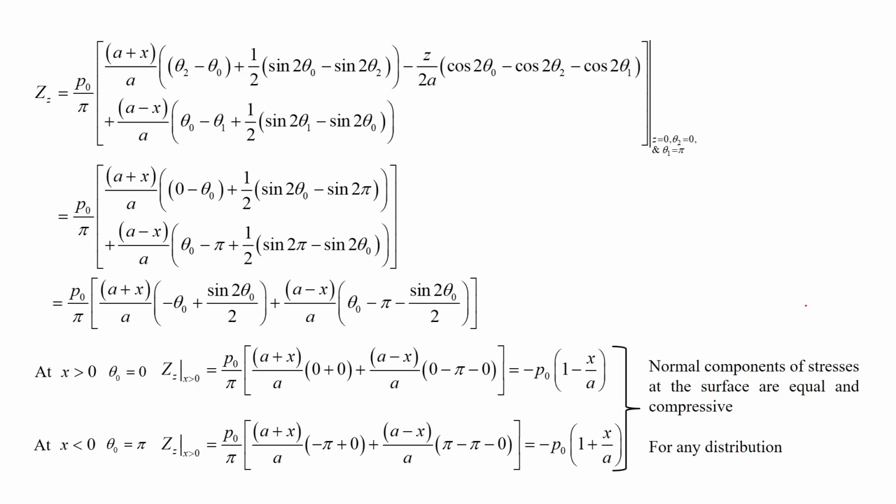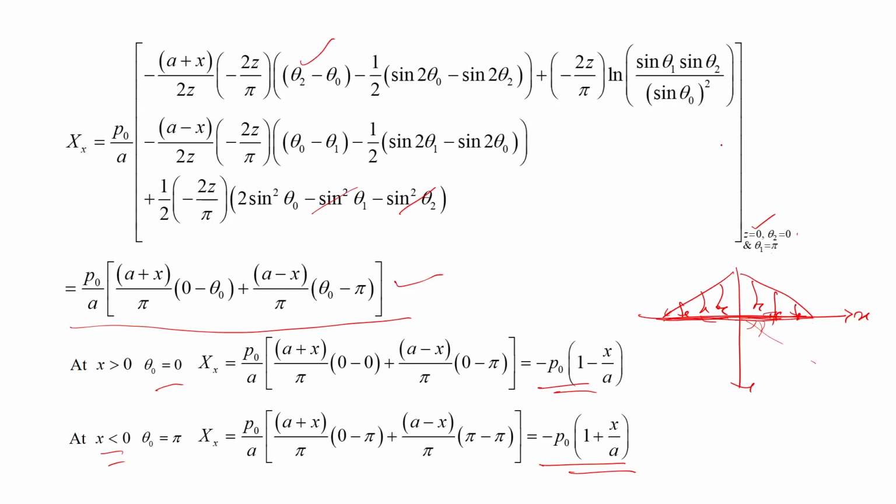And if we think about the normal stress sigma z z, again the same way at z is equal to 0, we want to find out what the sigma z z quantity will be, that is the z direction normal stress. If we work out the whole thing, same thing: at x greater than 0 theta 0 is equal to 0, at x less than 0 theta 0 is equal to pi, and you substitute theta 2 is equal to 0 and theta 1 is equal to pi.